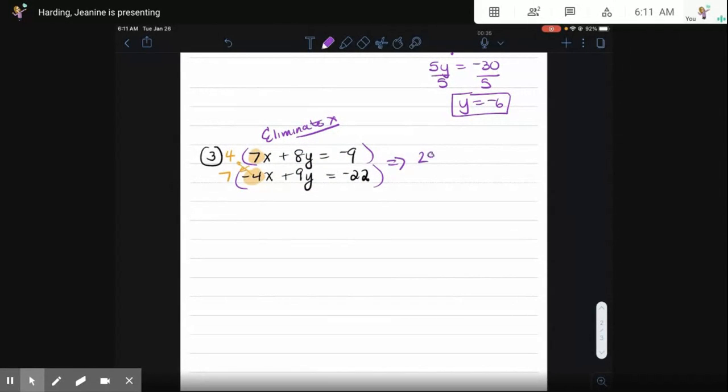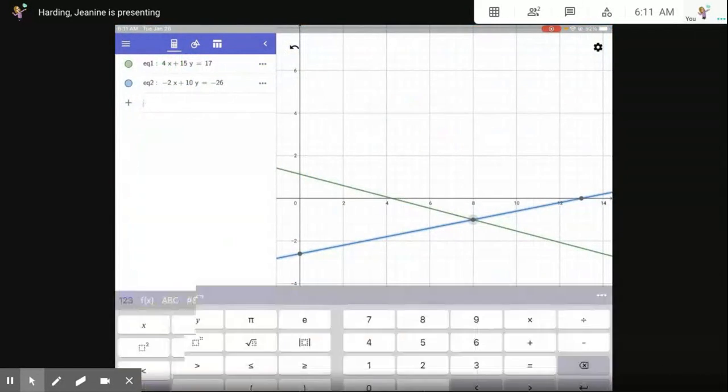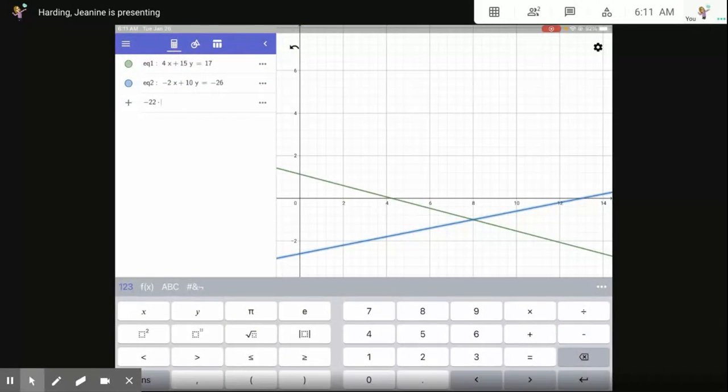So I get 28x plus 32y equals negative 36. Then I get negative 28x plus 63y equals, let's see, negative 22 times 7, negative 154.